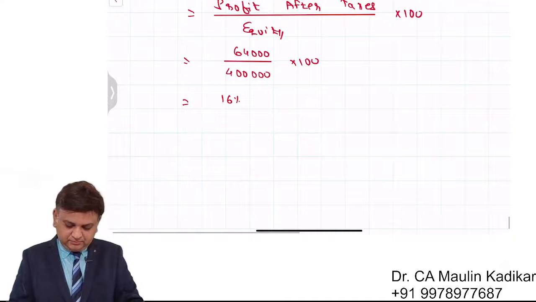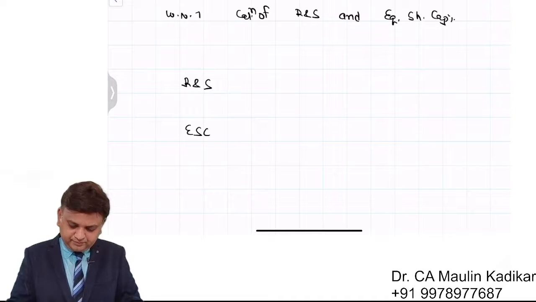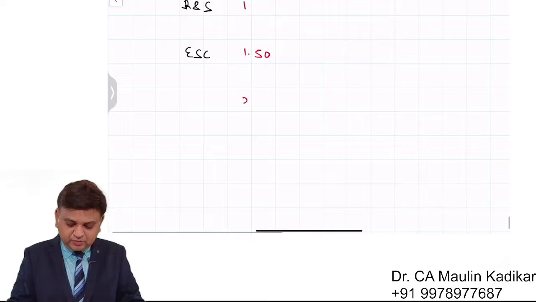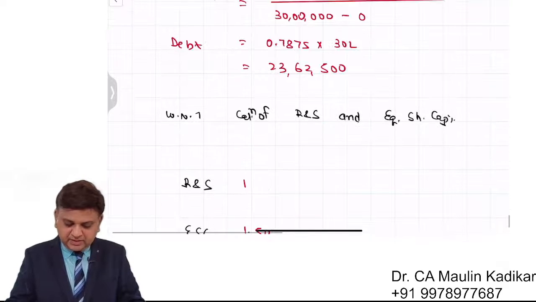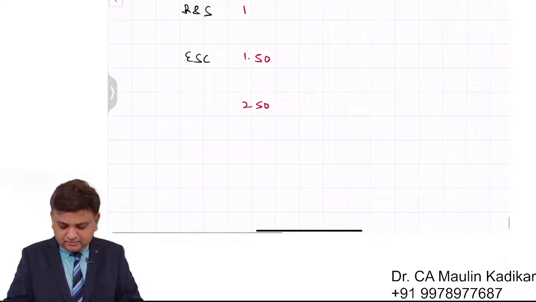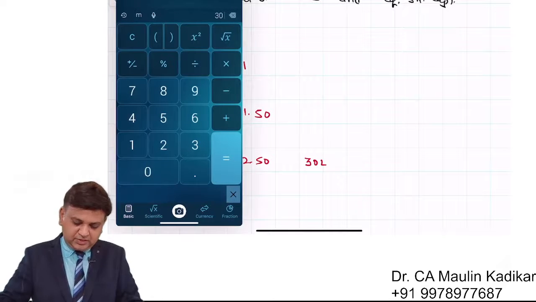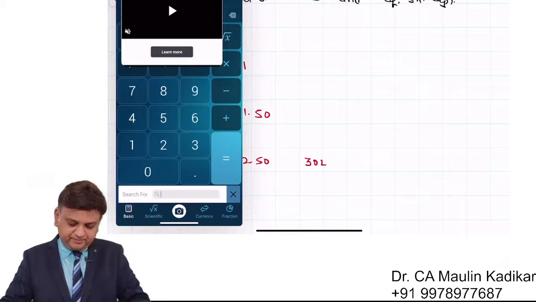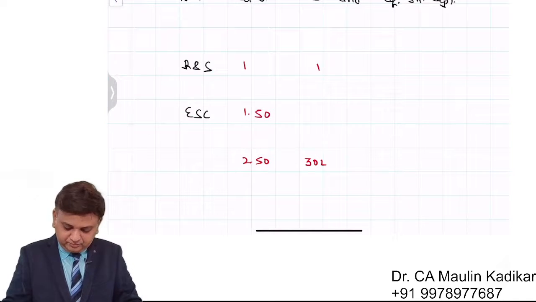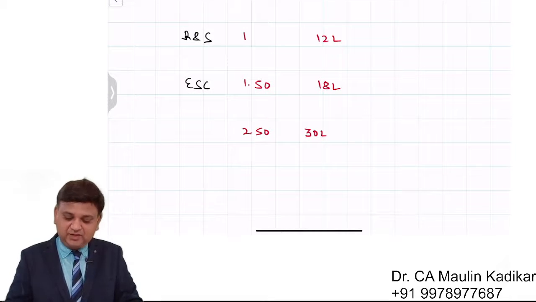So over here, 1:1.5, the total is 2.5. This 2.5 is indicating the net worth of 30 lakhs. So now 30 lakhs divided by 2.5 comes to 12 lakhs. This is 12 and this would be 18 lakhs, the balancing figure.